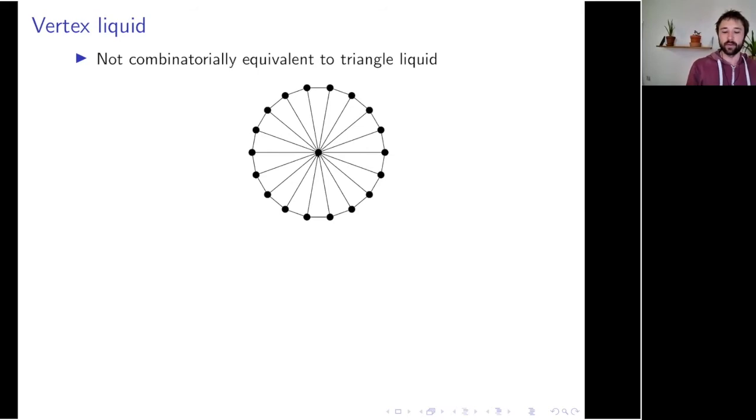So for the vertex liquid, there would be a vertex in the middle. And it is possible that there's no way to homogeneously split up this tensor in the middle into tensors that live on the individual triangles. Or another way of saying it is that if you want to define this vertex path integral by only a finite amount of tensors, you have to restrict to an upper bound on the allowed adjacent edges.